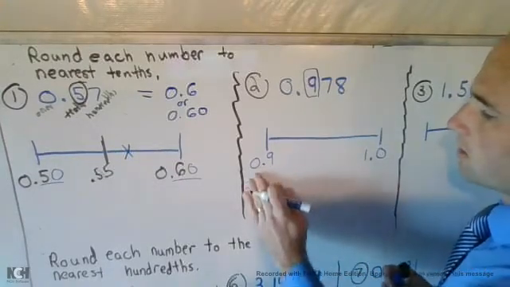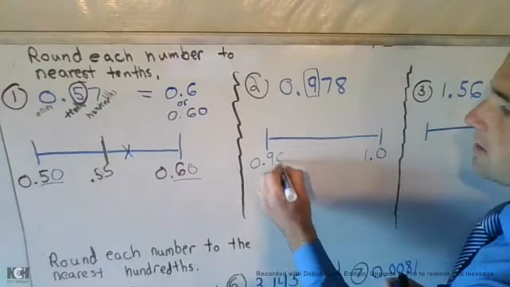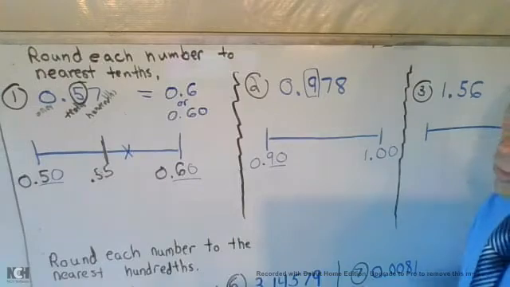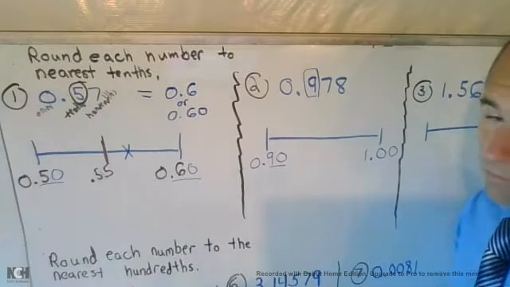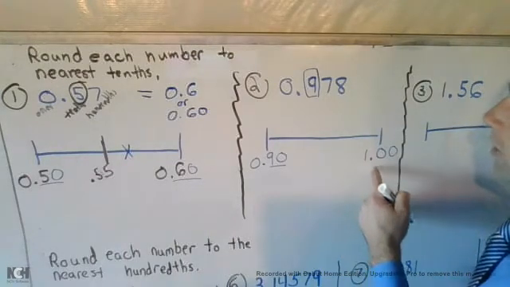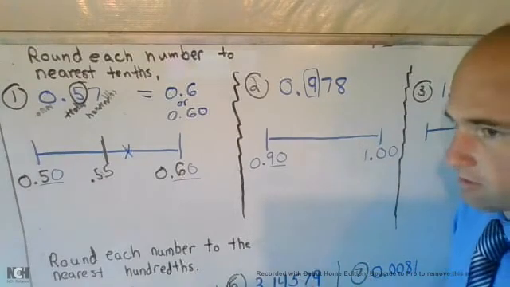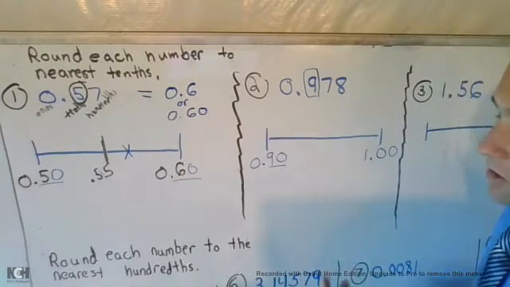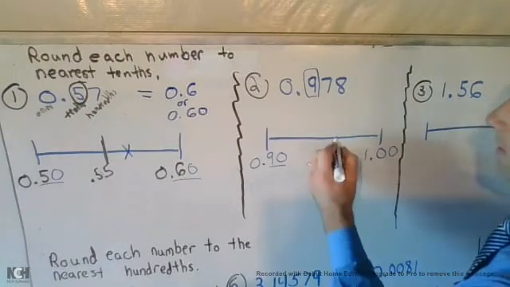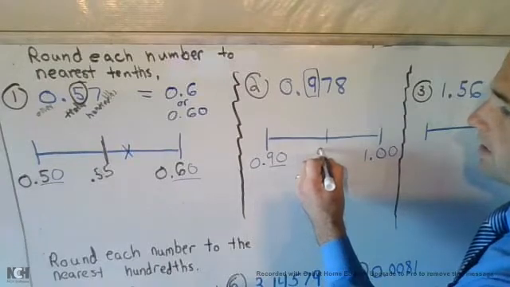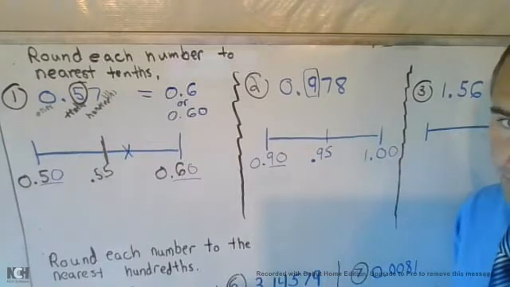I could turn these numbers into 90/100th and 1 whole, okay? Or I could say that's 100/100ths, which is also 1 whole. Therefore, my number in between the two would be 95/100th.